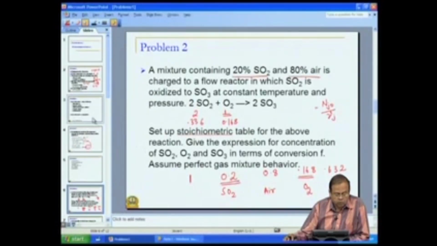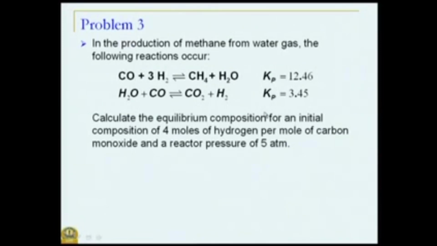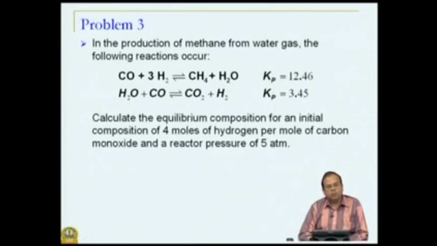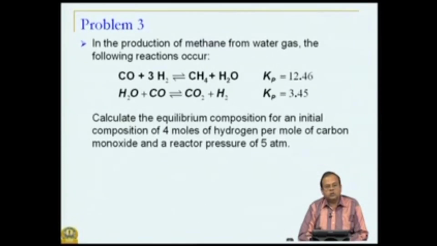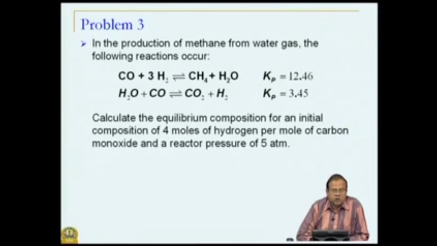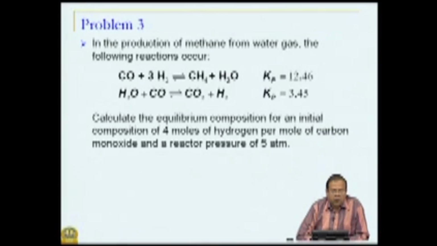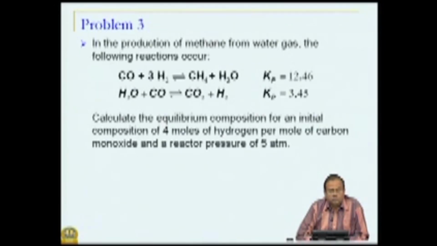Let us move on to the next problem, and the next problem is about calculating the equilibrium conversion. So, what we have been given is, in the production of methane from water gas, the following reactions occur, namely carbon monoxide plus 3 moles of hydrogen giving methane and water, and water plus carbon monoxide giving carbon dioxide plus hydrogen.